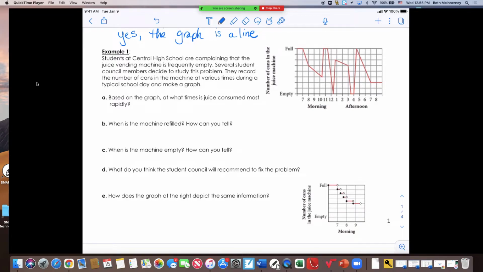Well, because it also isn't empty at 7, 8, and 9.